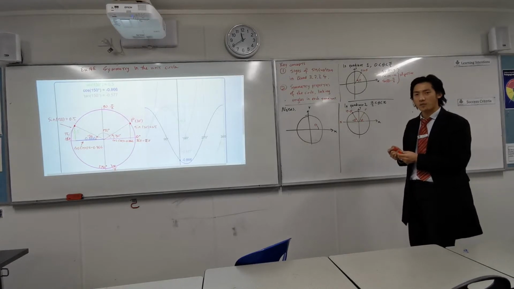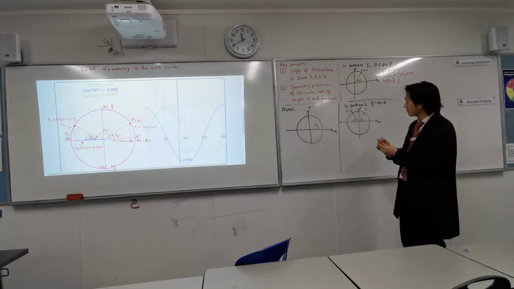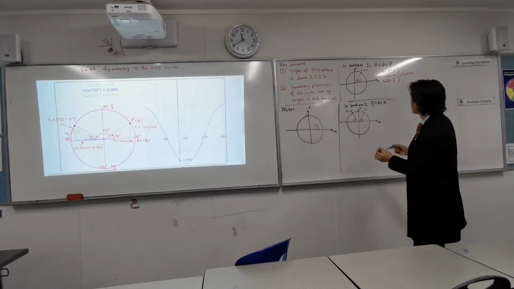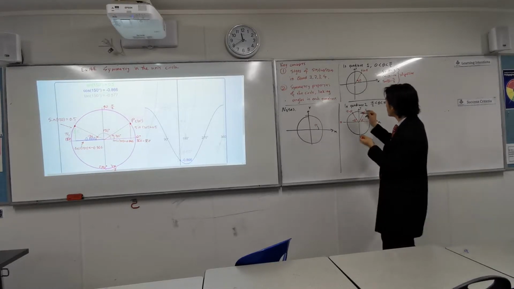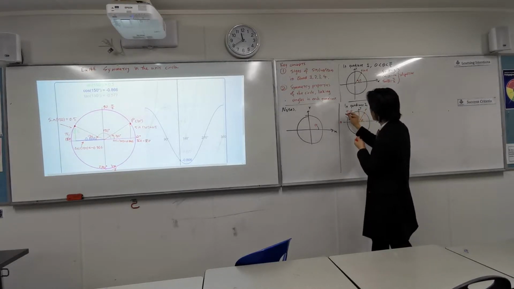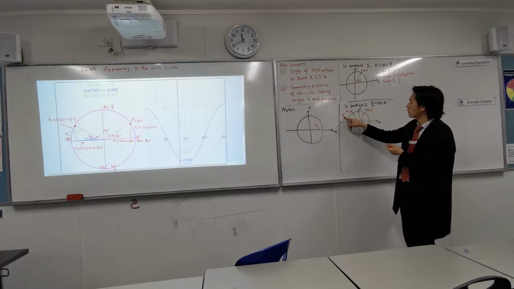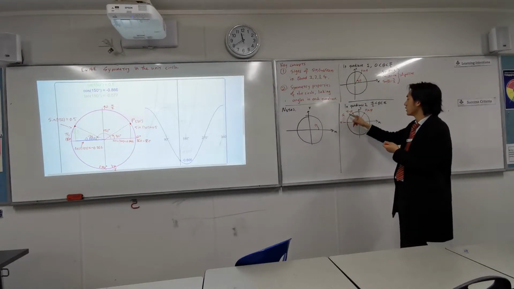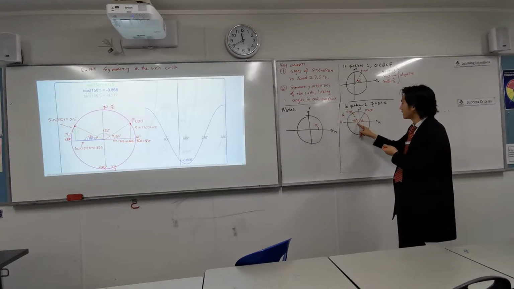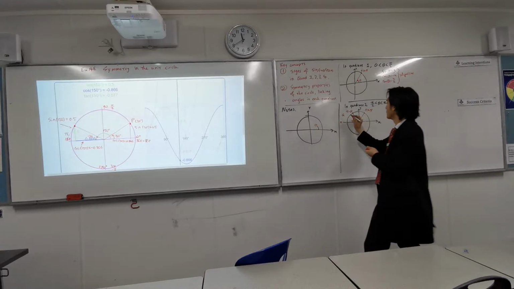Now let's consider what happens in quadrant 2. Notice that our point, let's call this point Q, give it a different letter. If point P was x, y, point Q would have the coordinates, well, the y coordinate would be positive, but the x coordinate would be negative.